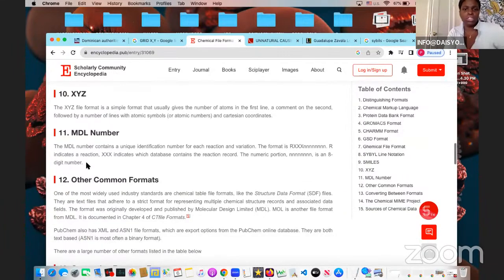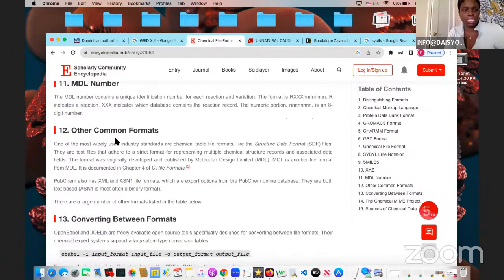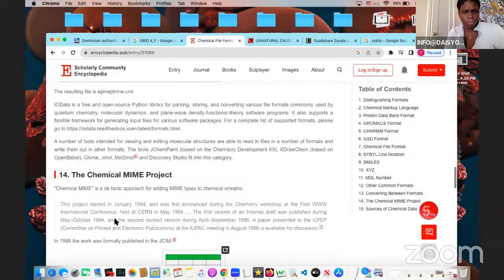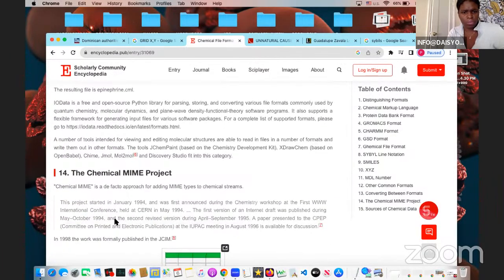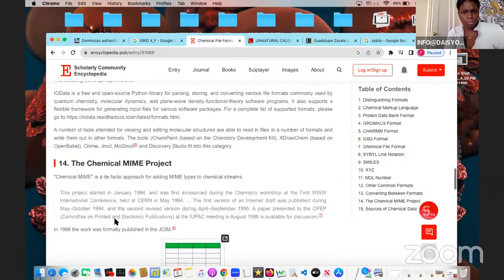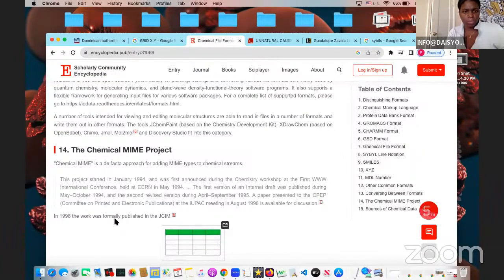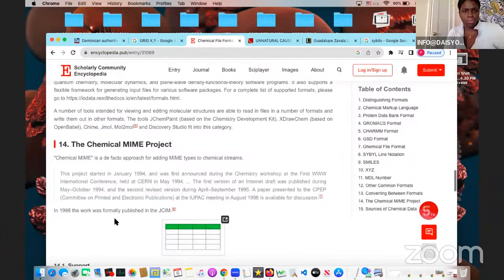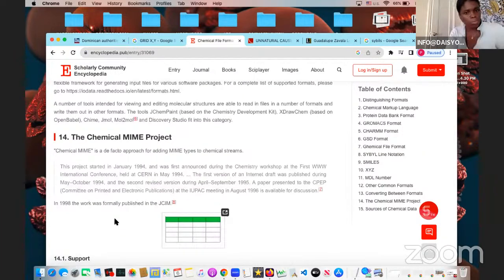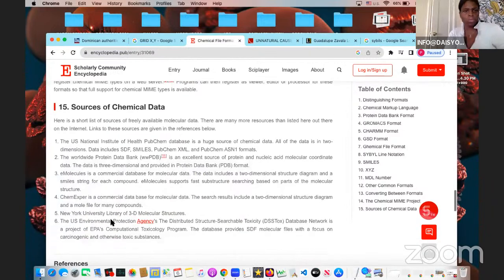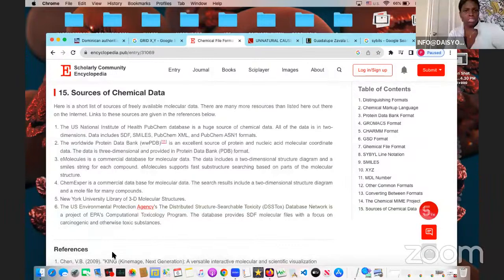Okay, so these are just some of the file formats that they're using to get people on the computer. And then you can see sources of chemical data where you can go ahead and get chemical data.